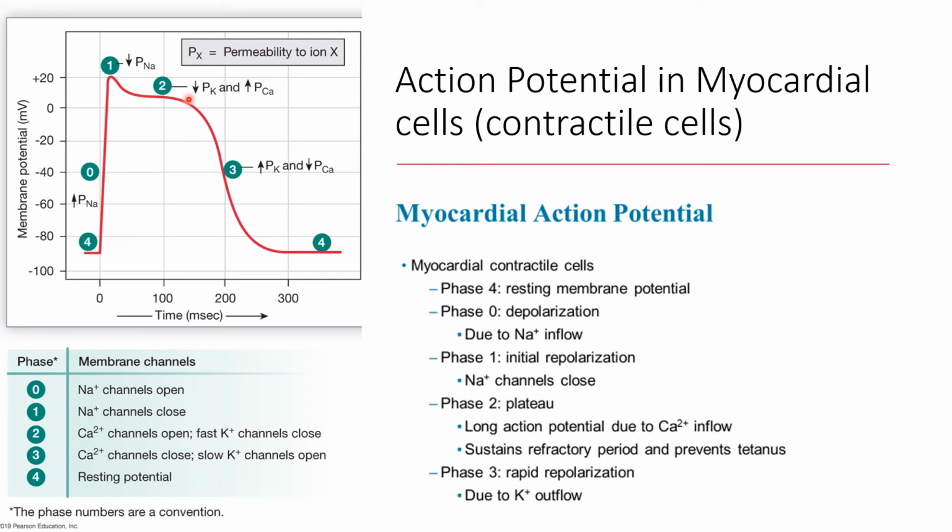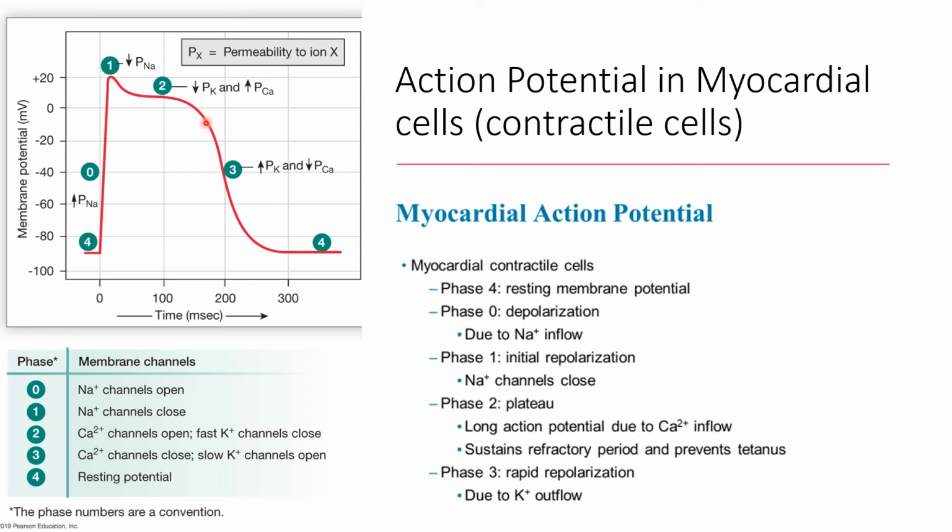Then what happens is at the end of that plateau phase, to end that plateau phase, the calcium channels are going to close. So if the calcium channels close, you don't have any more calcium entering the cell, and at the same time, potassium channels open, and the ones opening right here, we refer to them as the slow potassium channels.